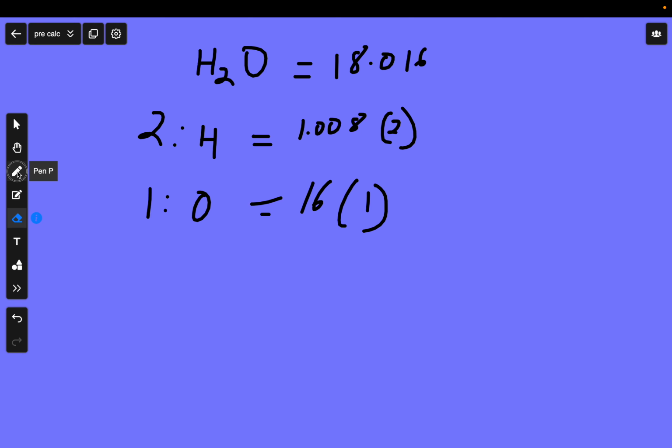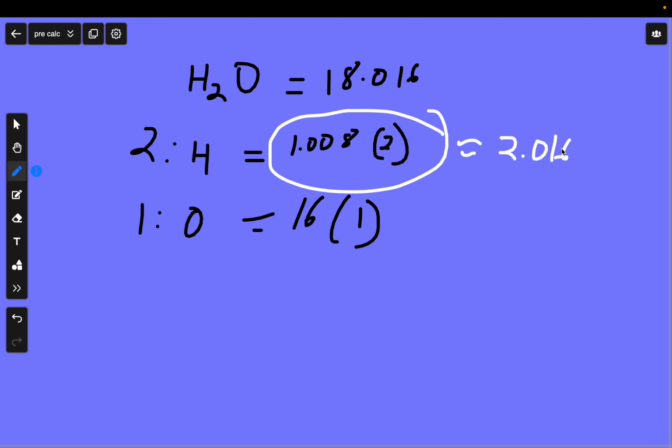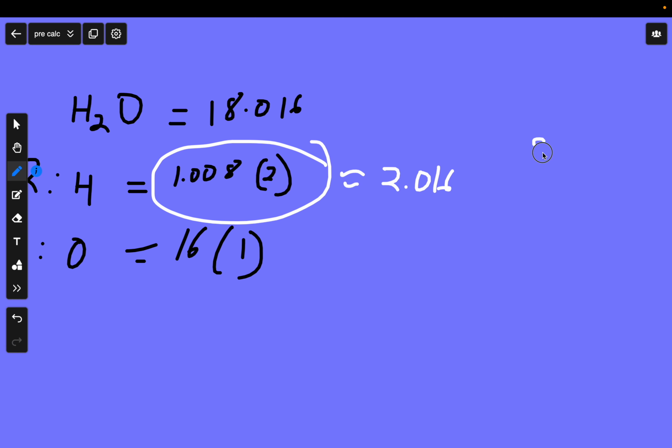What I would do is say, okay, hydrogen is approximately 2.016. So I would just do 2.016 over 18.016, and I'm going to put it in my handy dandy calculator right here.